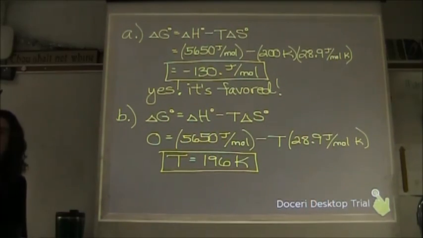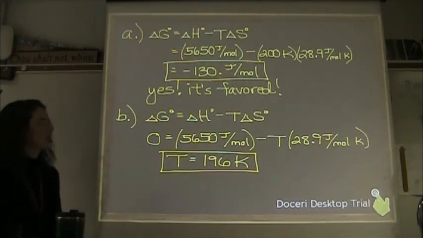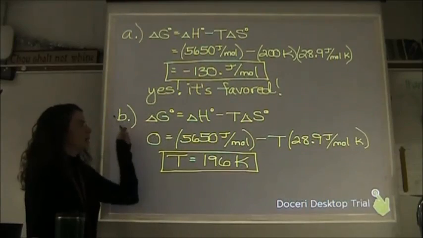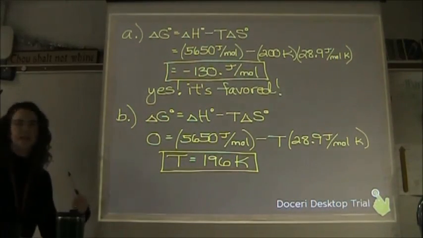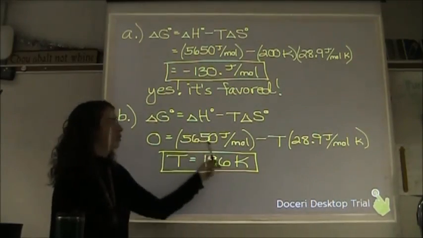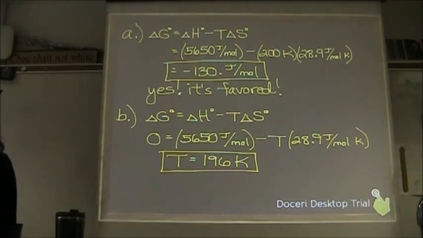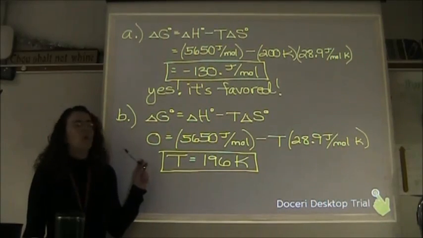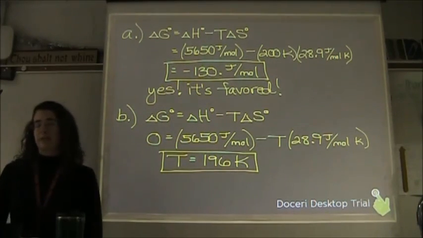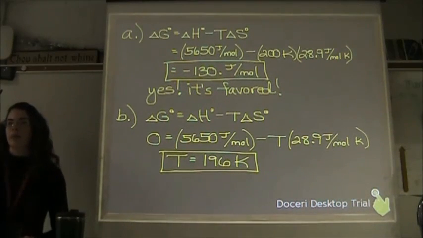There's one final thing that I want to say about this. Focus here on letter B. The question gave us some information about delta H and delta S, and it said, what is the melting point? Well, what if the question had asked, what is the boiling point? If you're at the boiling point, are you at equilibrium?